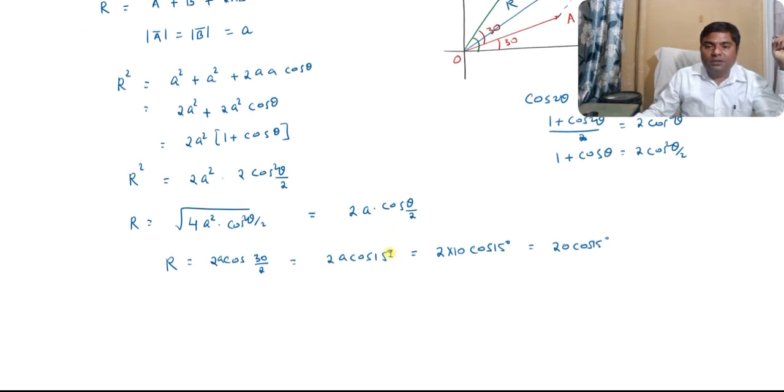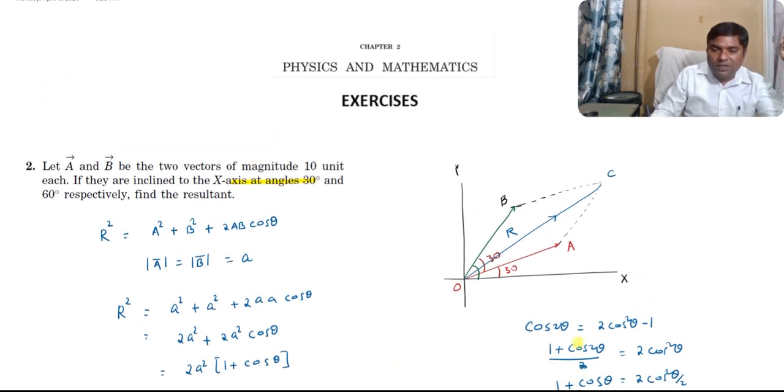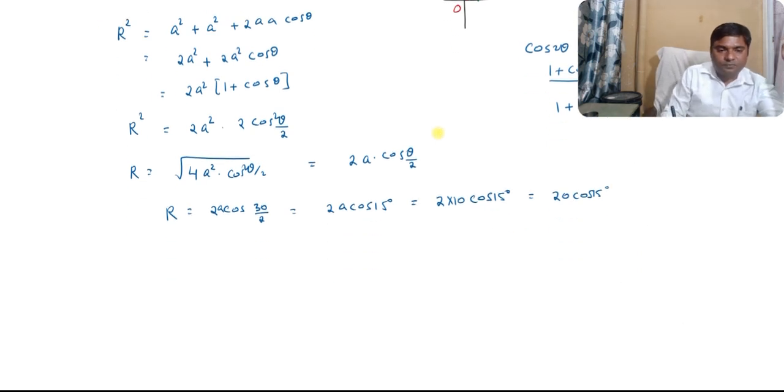Now we have to find the angle. Suppose the resultant makes an angle alpha, this angle here. So we can write tan alpha is equal to b sin theta divided by a plus b cos theta, where b is the magnitude of the second vector, and obviously the magnitudes of vector b and vector a are the same.